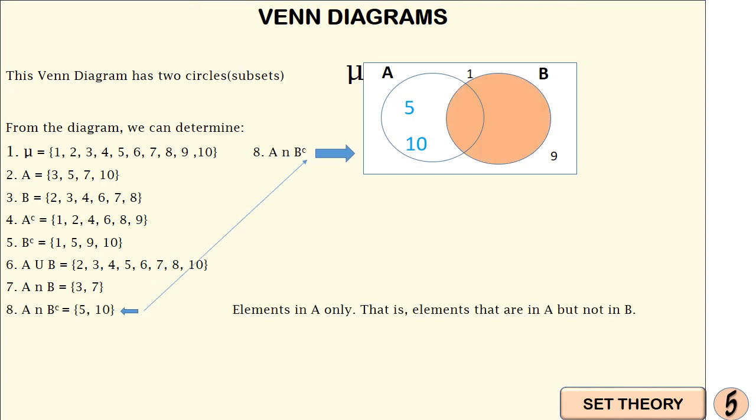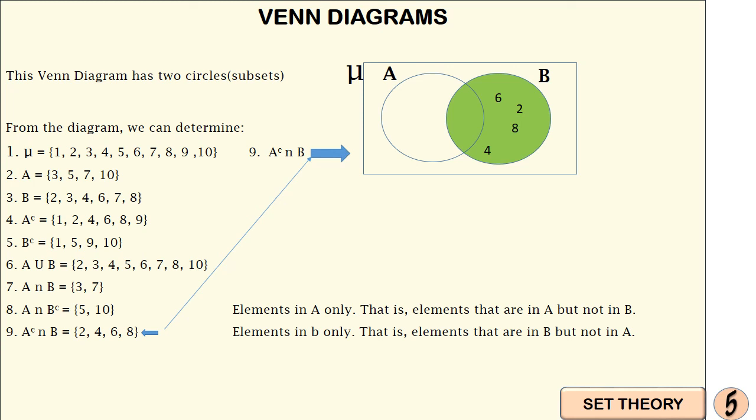Then A intersection B complement, which we can define as elements in the set A but not in the set B. So we are describing elements in A only, and our result will be 5 and 10. A complement intersection B will represent the set that contains elements found in B but not found in the set A. Here we have 2, 4, 6, and 8.